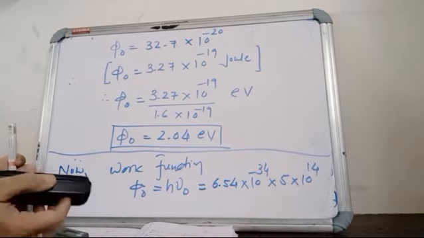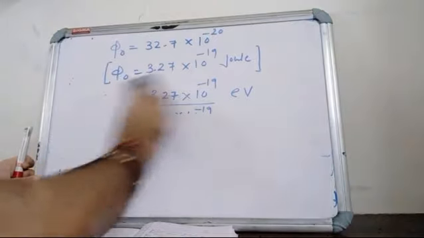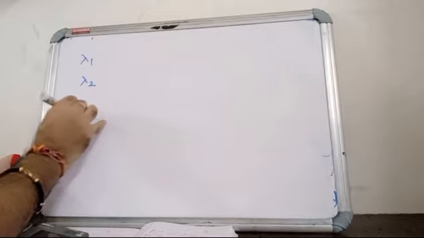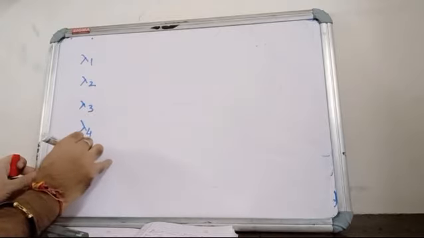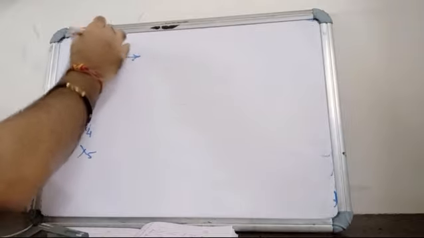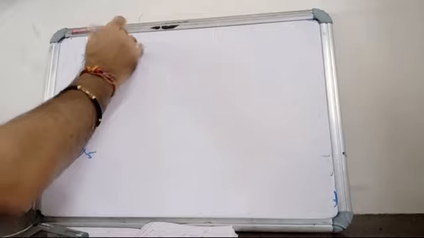Now let me revise the entire numerical again, right? See, we have taken at least 40 minutes to calculate this sum. Chalo bhai, what was given? Lambda 1, lambda 2, lambda 3, lambda 4, lambda 5, right? This is the first step. Step 1, calculate C is equal to F lambda, that is nu lambda.